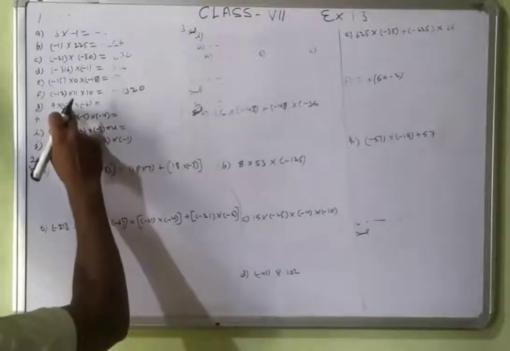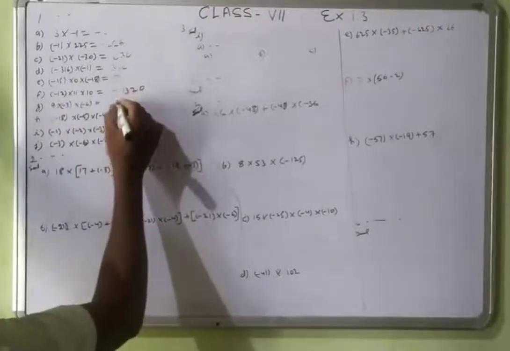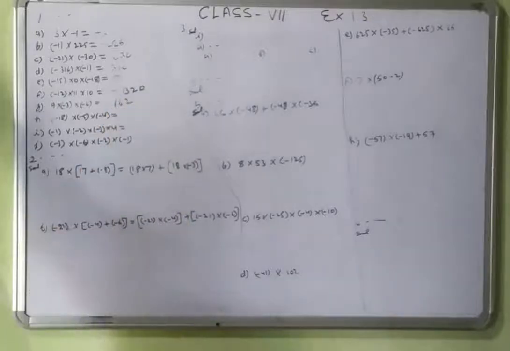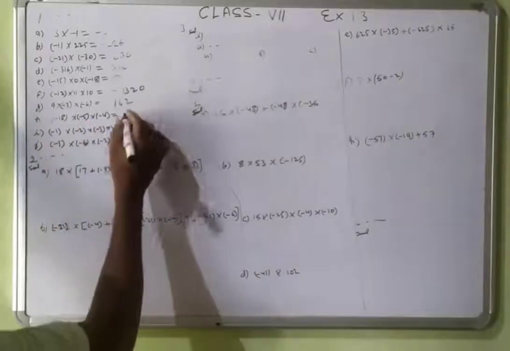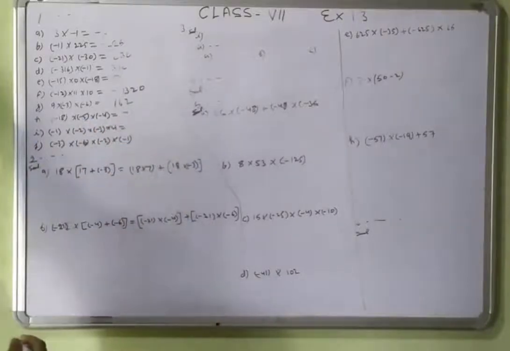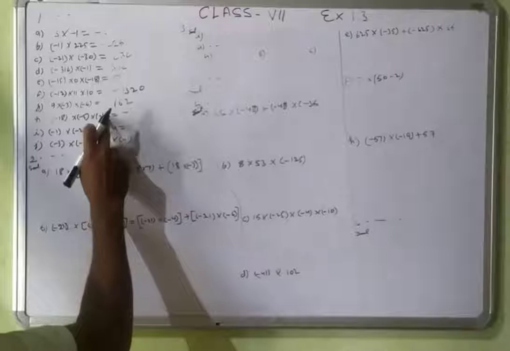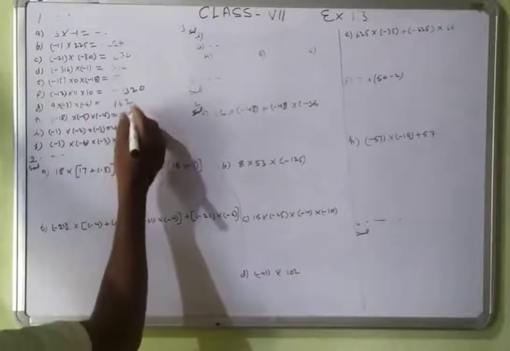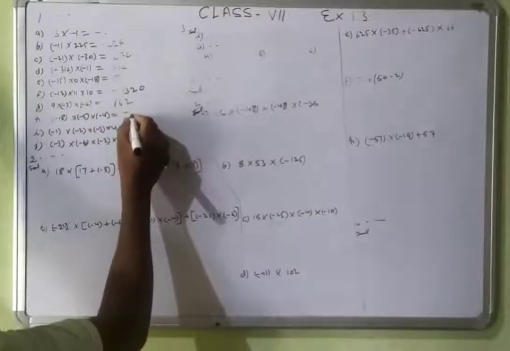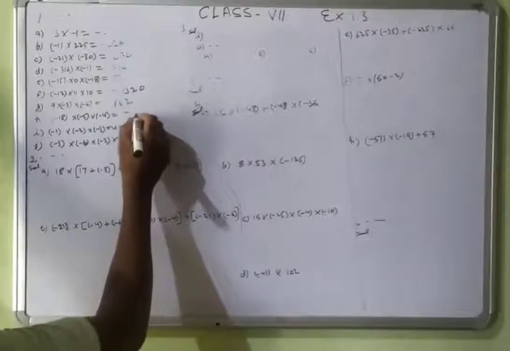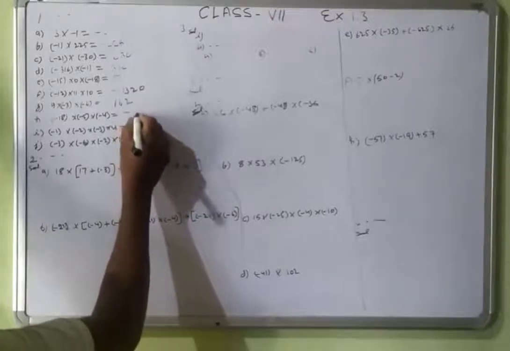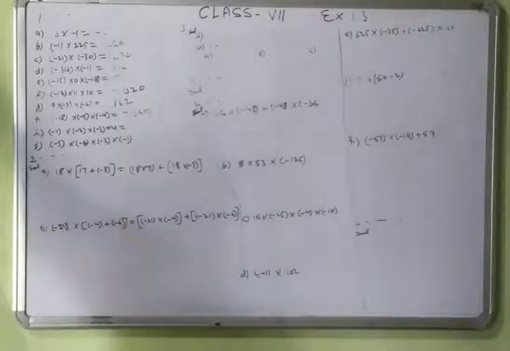So 6 3s are 18, 18 9s are 162. Then there are 3 minuses, so that will be minus because 3 is odd. 5 4s are 20, 18 2s are 36, and then 0.